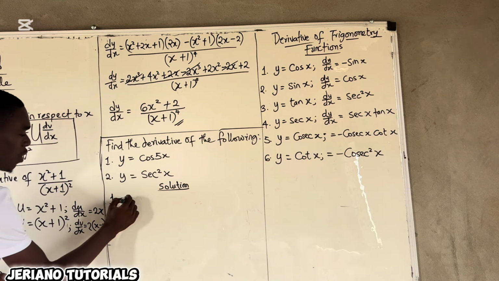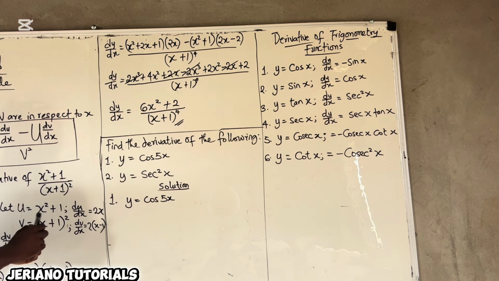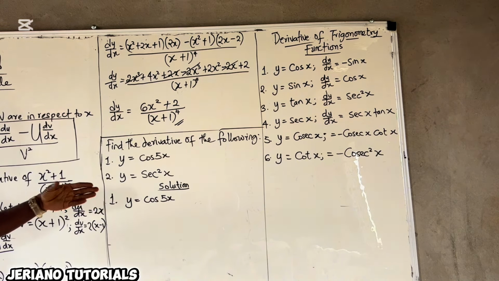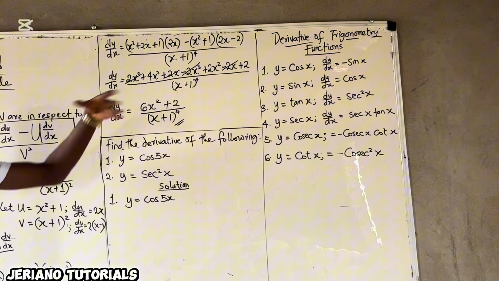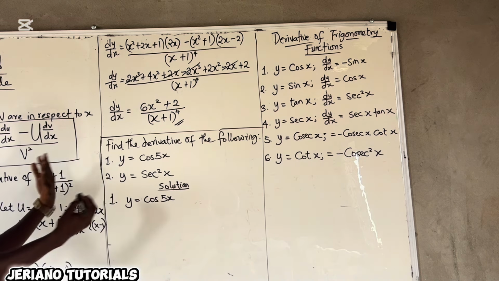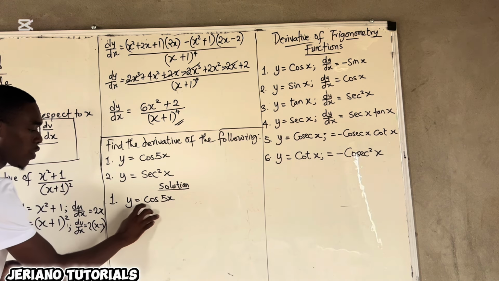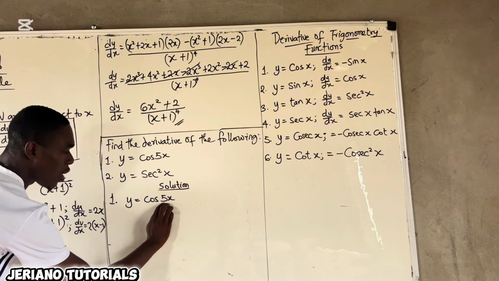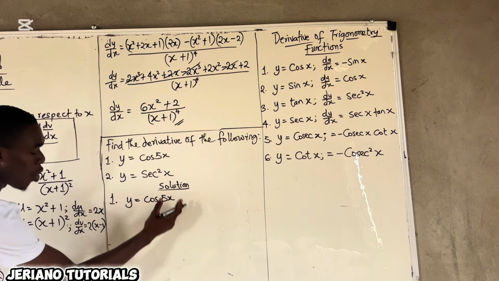The first one, we have y is equated to cos 5x. Now, what you are supposed to do, this can also be answered with chain rule. But even without that, just looking at it, what you have to do is differentiate this and maintain your 5x. So let's observe chain rule.